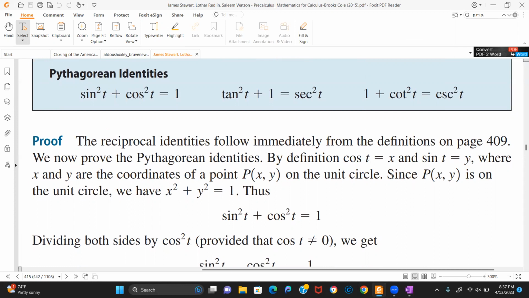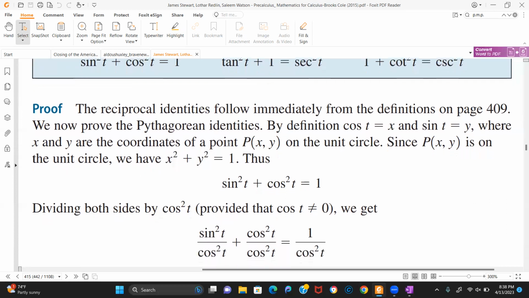Remember, you're on the unit circle if and only if you satisfy x squared plus y squared equals 1. But x is cosine t and y is sine t, so just plug those in and you get this. The Pythagorean identity is pretty easy to prove when you define the trig functions in terms of the unit circle.